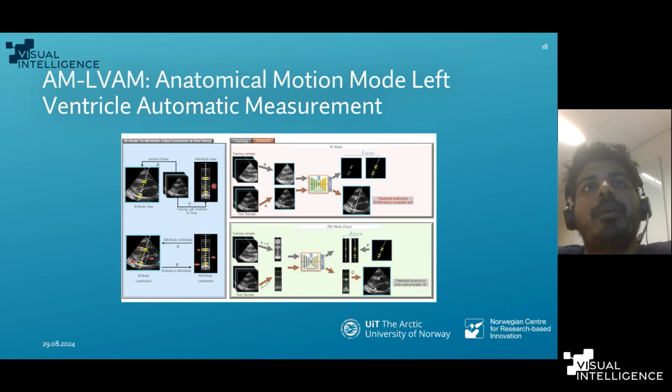And based on this AMM image, we train the identical landmark detector and try to predict the landmarks in one dimension only, across the y-axis. Since we are restricting the landmark prediction by changing the image space, our problem is now more constrained, and it becomes easier.